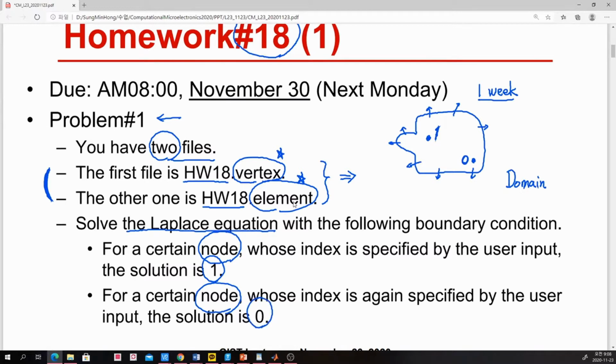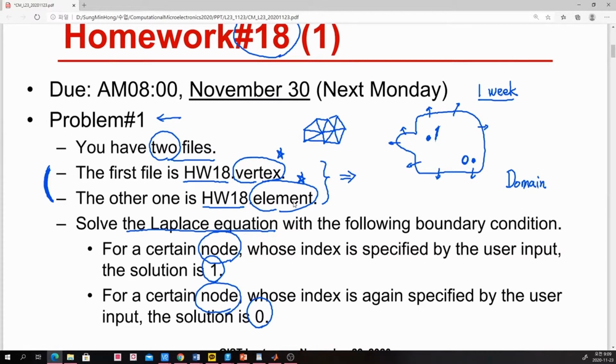Solving the Laplace equation even in the 2-dimensional case was already done in our course. But the point is, now you have a complicated domain, and that is described as many triangles. For a collection of these triangles, please solve the Laplace equation.